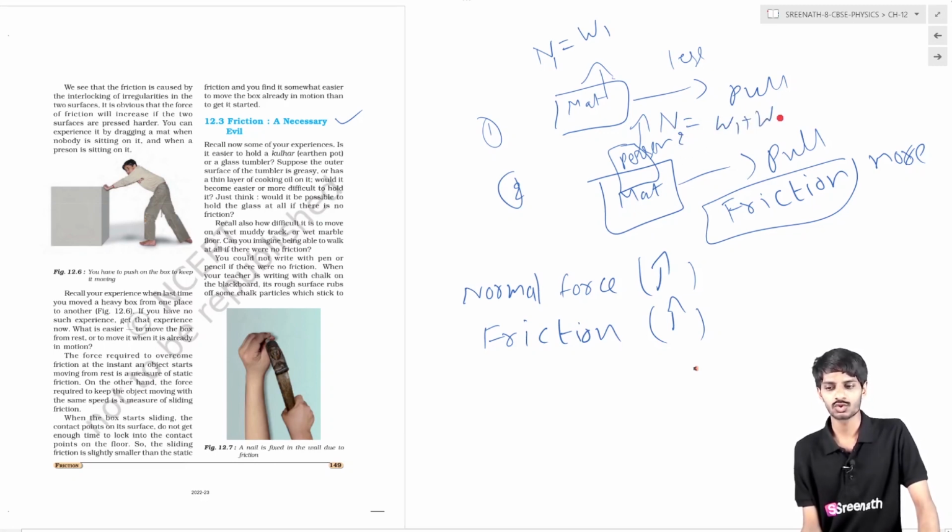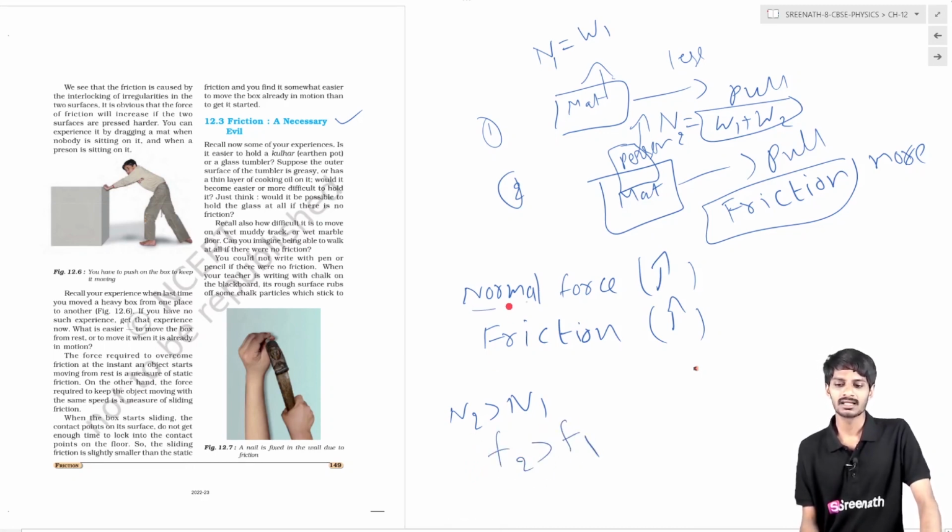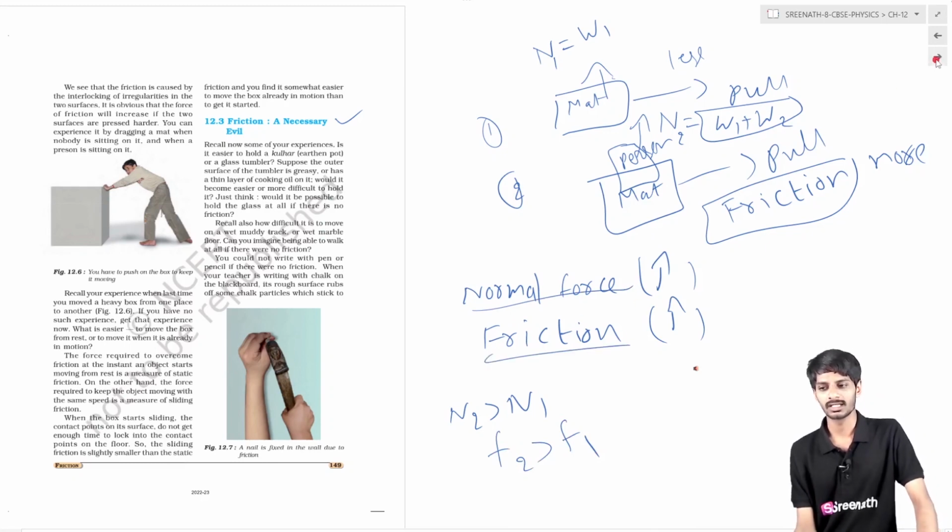In this case, the normal force N is due to W1, the weight of the mat, plus W2, the weight of the person. Here N2 is greater than N1. That's why friction force F2 is greater than F1. So when normal force increases, friction also increases.